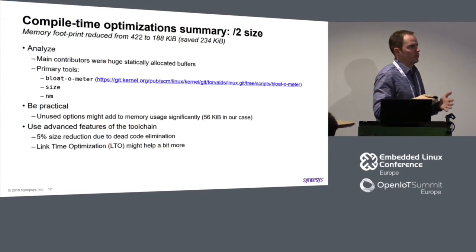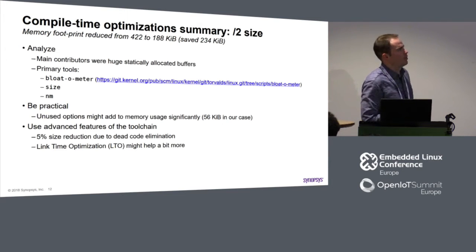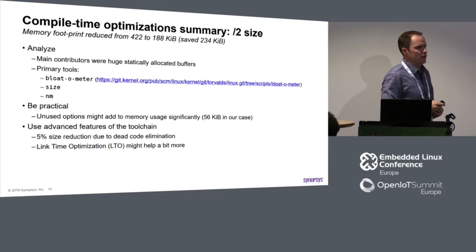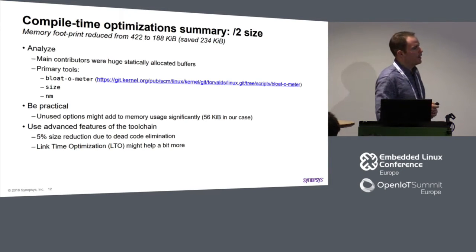Like it will show you now you are plus 15% compared to where you were before. Another thing which helped: I was practical. I just removed all the crap that I didn't want to use, and with some tweaks of the toolchain, I was able to save some space as well.